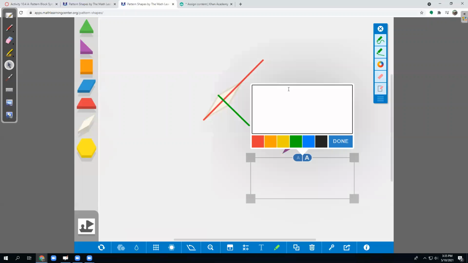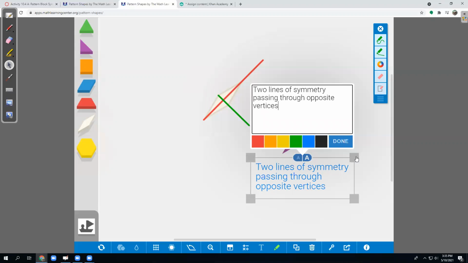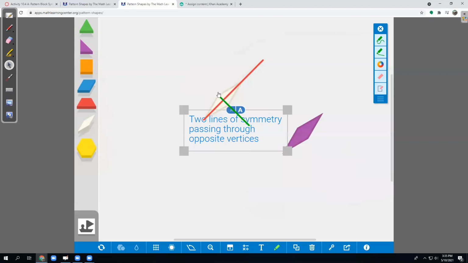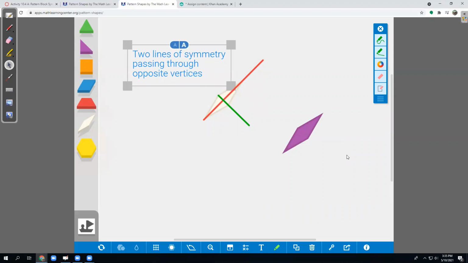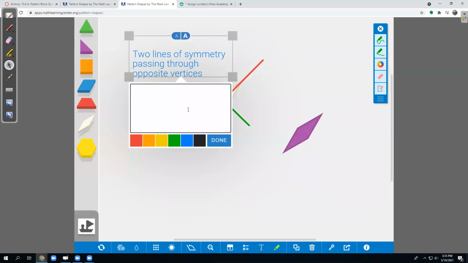So what do I see here? I see 2 lines of symmetry, through opposite vertices. I just want a little description. So that's describing that. And then here, I can just describe it.